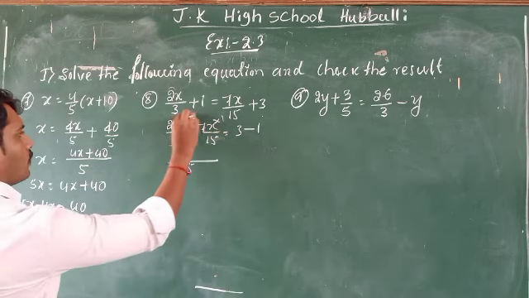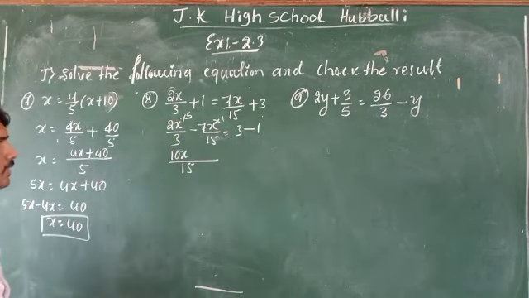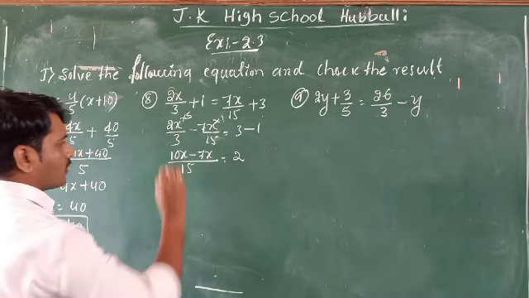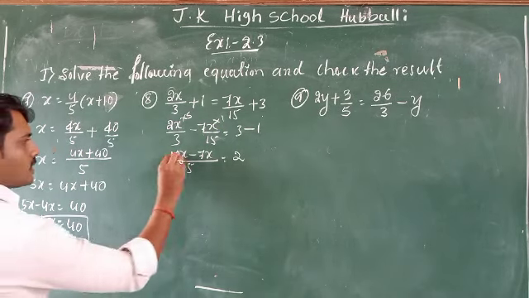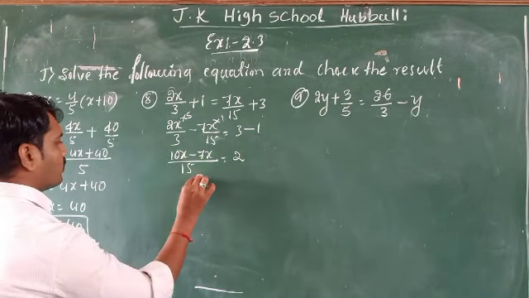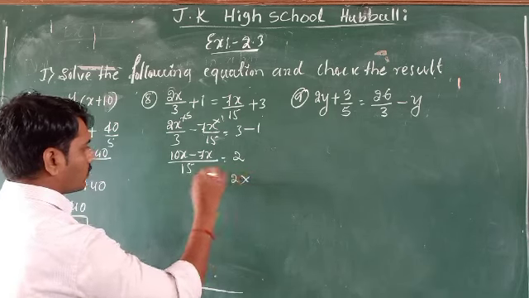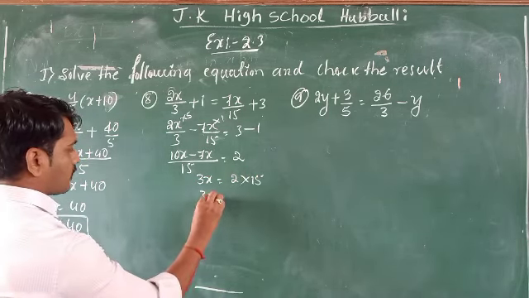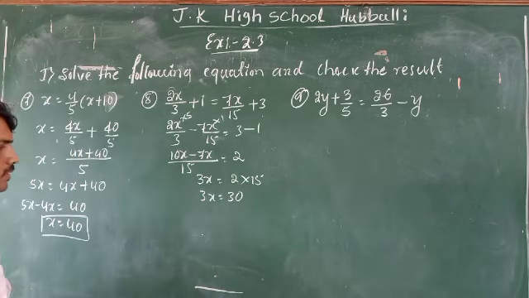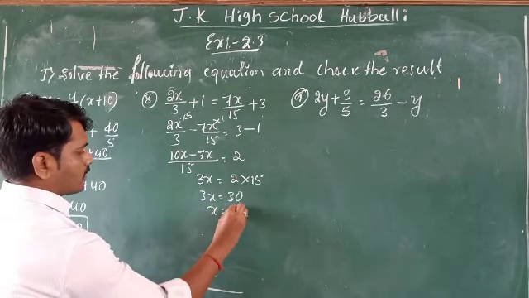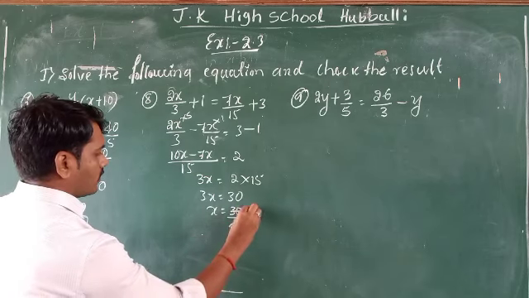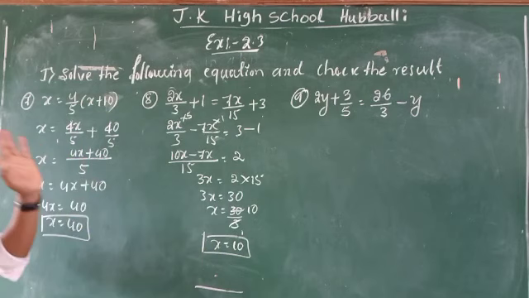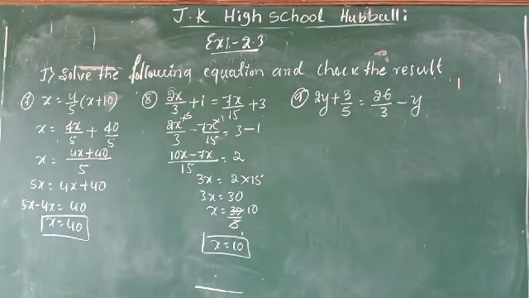Next term. 2 fives are 10x, 7 ones are 7. 3 minus 1 how much? 2. Correct? 10x minus 7x is 3x. Do the cross multiplication. 15 will go that side. 3x is equal to 15 twos are 30. x is equal to 30 by 3. 3 ones are 3, 3 tens are 30. What is your x value? So the x value is 10. Clear, children?